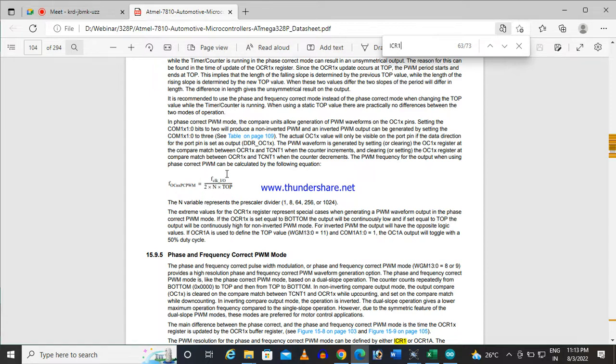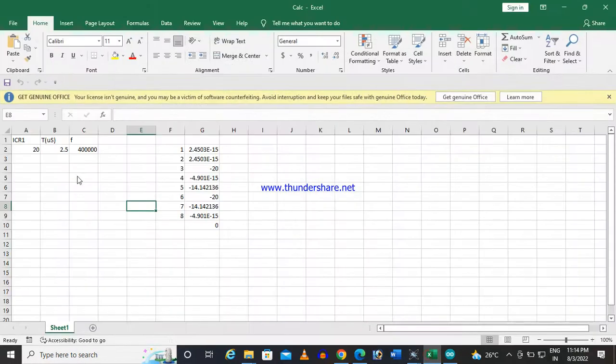In that mode, the PWM frequency is given by the microcontroller clock divided by 2, divided by the prescaler, which here I have set to 1, and the top value. In this case, we take the top value from the ICR1 register.